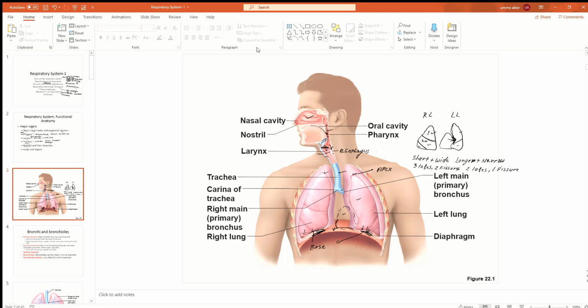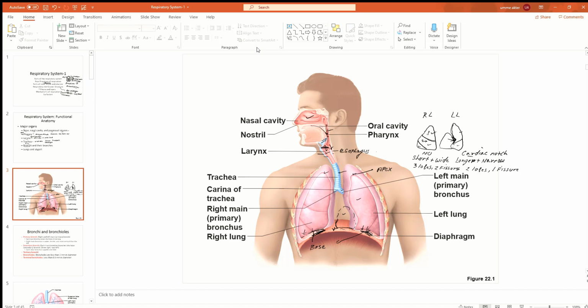So in the left lung you have a cardiac notch. Cardiac because of the heart, and the right lung has no cardiac notch. Okay, so those are a few external differences between the right and left lung.